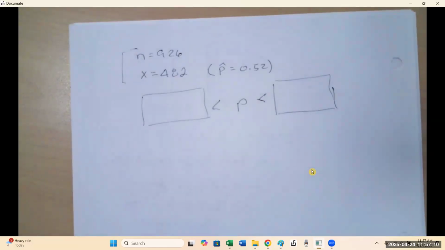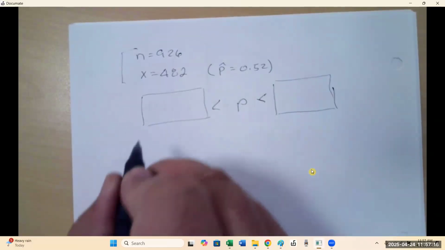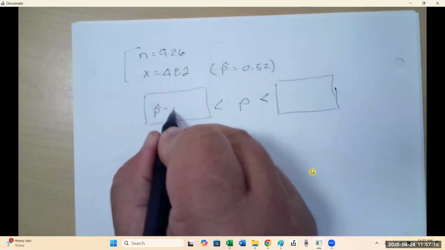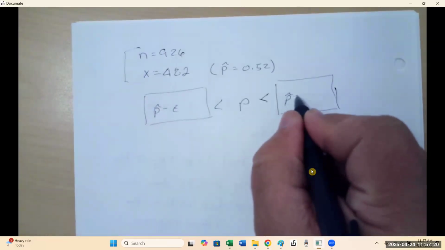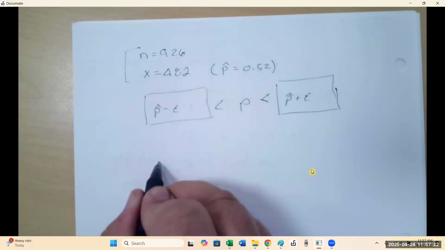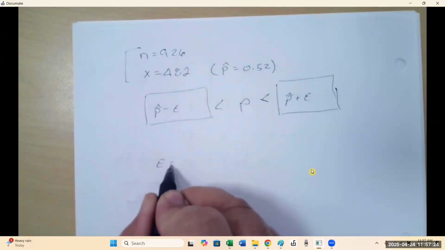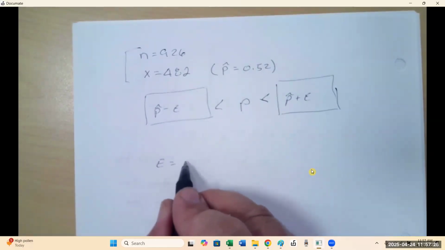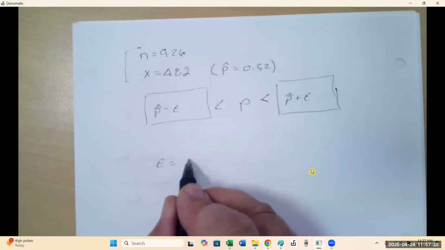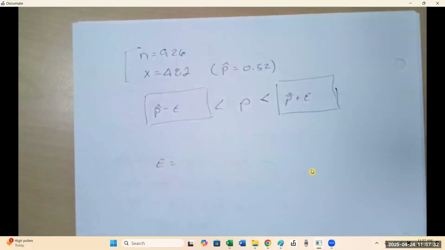I want the procedure. And what's E? E equals, what page is it on?